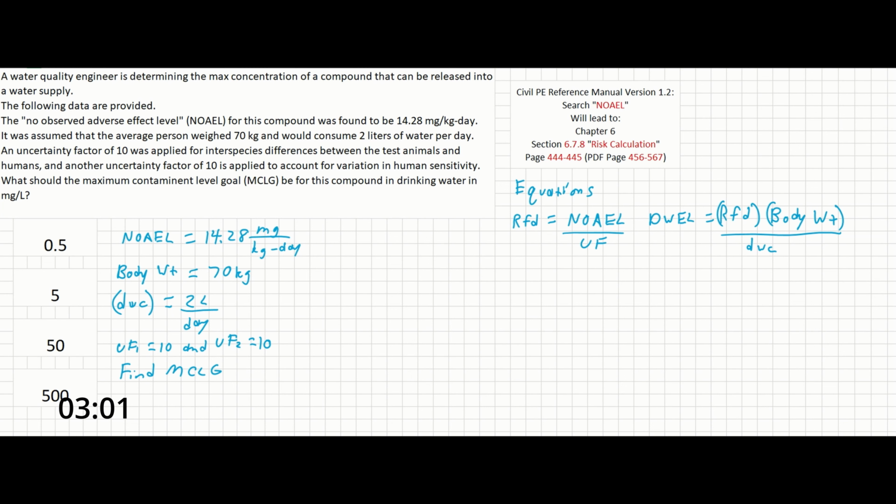So what does it take to solve this problem now that we have everything we need laid out? First, we need to realize that the MCLG we are asked to solve for is actually the term DWEL in one of our equations. Next, we need to recognize that while we aren't given the reference dose, we are given the terms that comprise this variable.